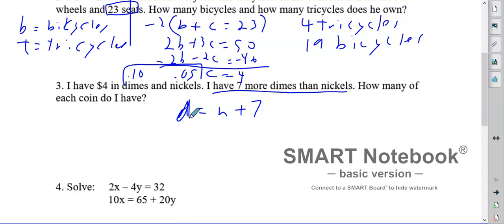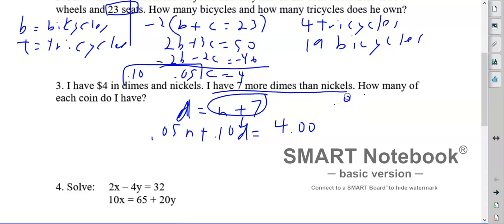Well, hold on. Let's just do the other one first. So 0.05n plus 0.10d equals 4, because we have $4. Now this one is one where substitution is pretty easy. We could just plug this in right there and calculate it out, which would give us 0.05n plus 0.10 parentheses n plus 7 equals 4.